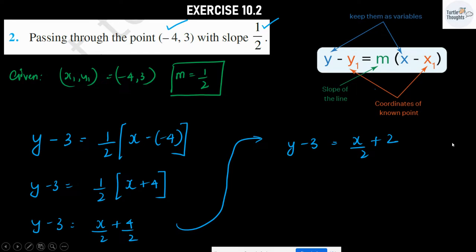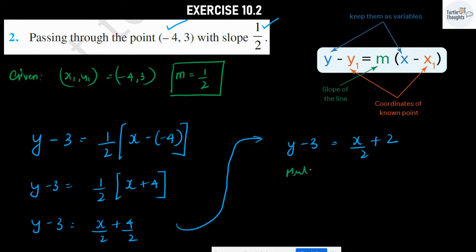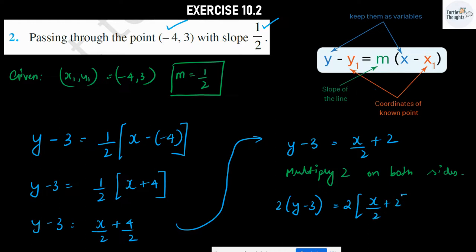Right? Now, multiplying 2 on both the sides. So I can write over here, multiply 2 on both sides. When I do that, I will be getting 2 times y minus 3 is going to be equal to 2 times x over 2 plus 2.